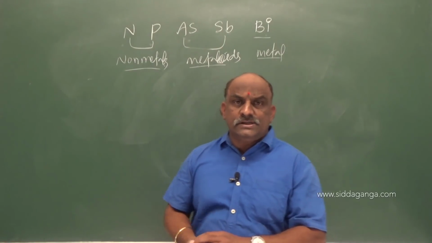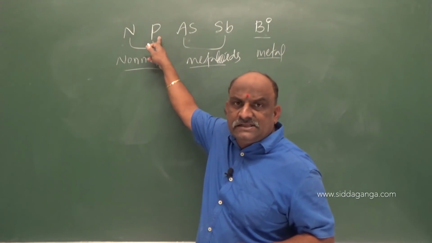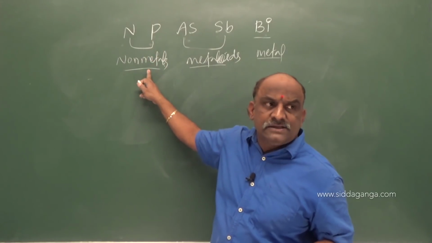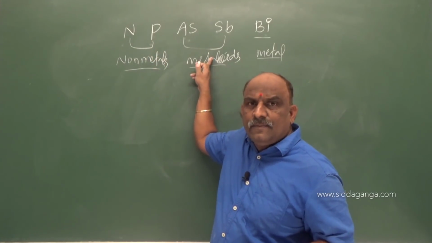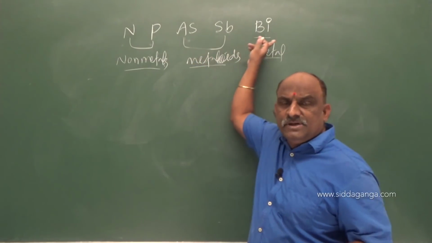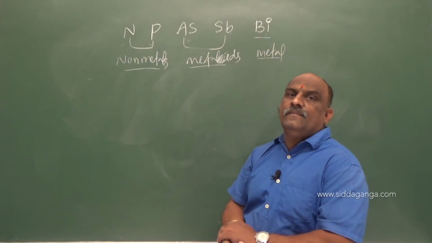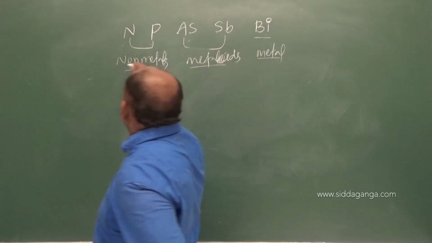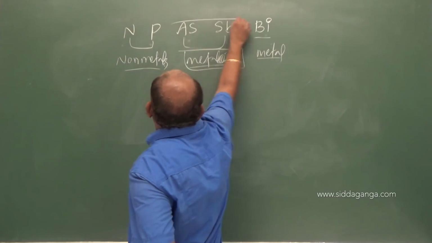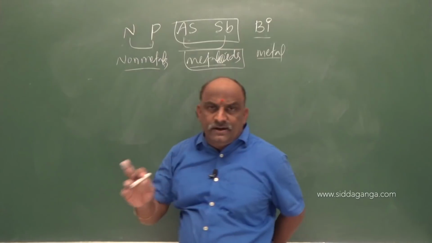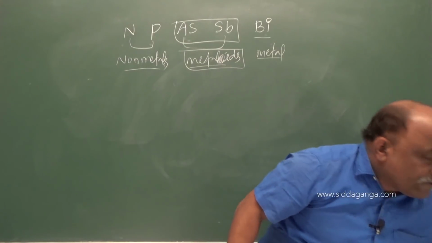So remember students, nitrogen, phosphorus are non-metals. Arsenic, antimony are metalloids. Bismuth is a metal. This is one of the important questions from the NCERT point of view.